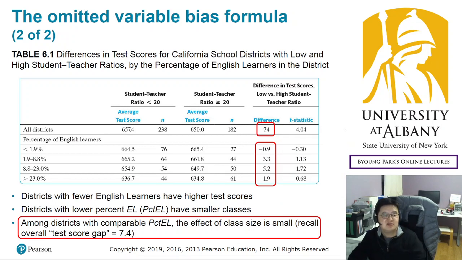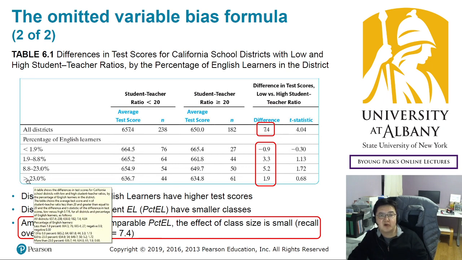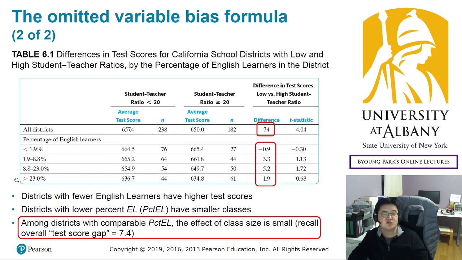The main reason is, remember, we expected 7.4 includes the direct channel and indirect channel. But by dividing the data into four intervals, four groups defined by ESL percentage, within each group the effect of the indirect channel is minimal, because there is not much difference in the percentage of ESL students.